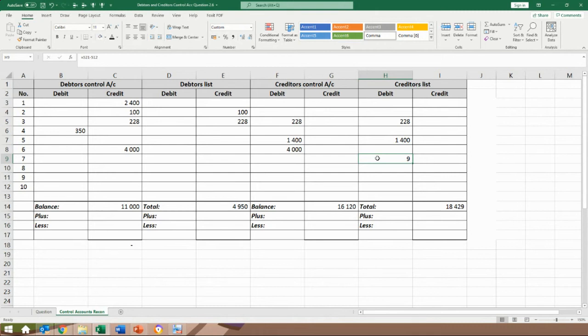So this transaction number 8, do you think it will affect only debtors, only creditors, or all 4 accounts?